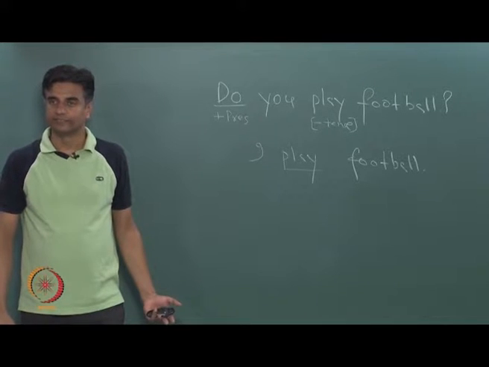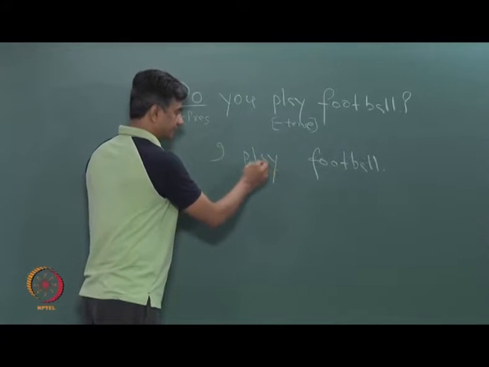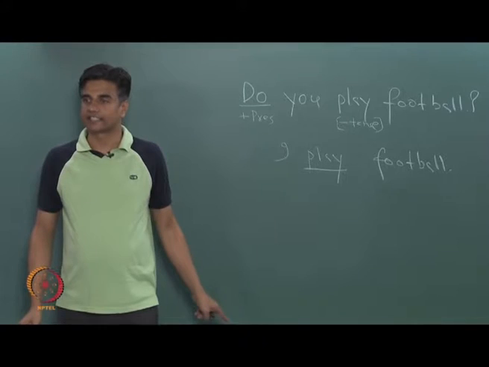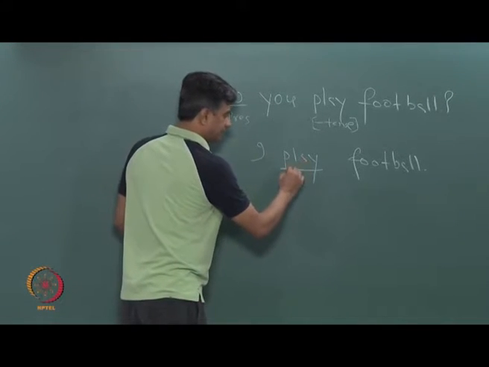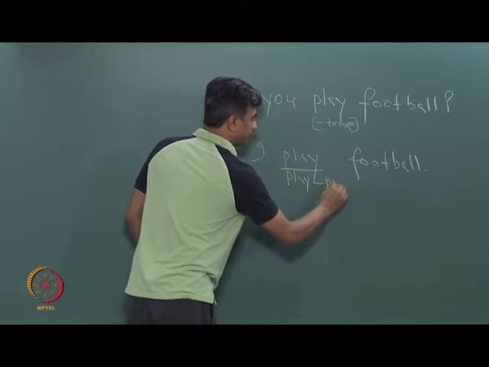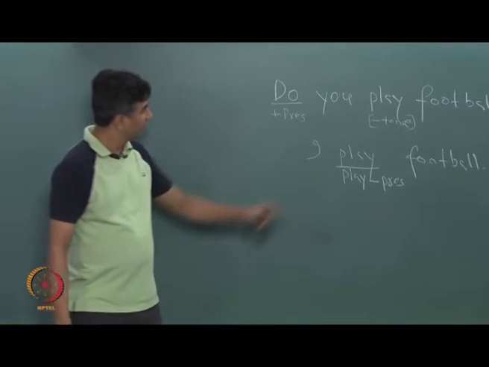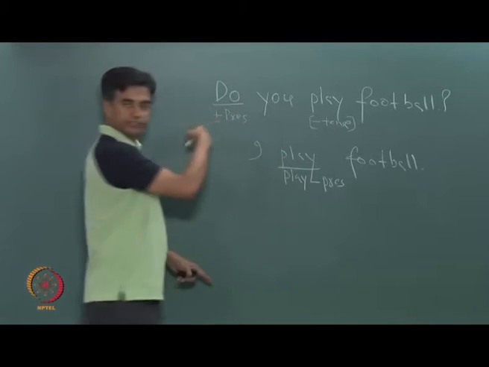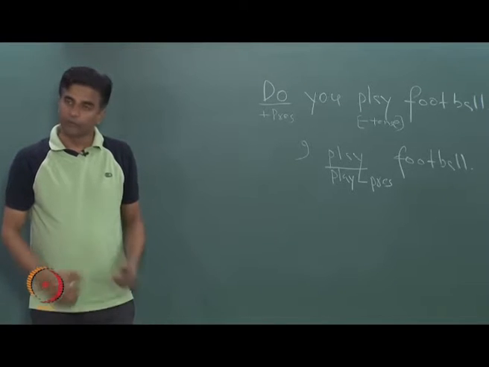Nothing, right? We have an evidence that this is a present tense, but there is no marker as such. Still, we can separate play and present. Still, we can separate them. And when we separate them, this is what we get. See this thing?